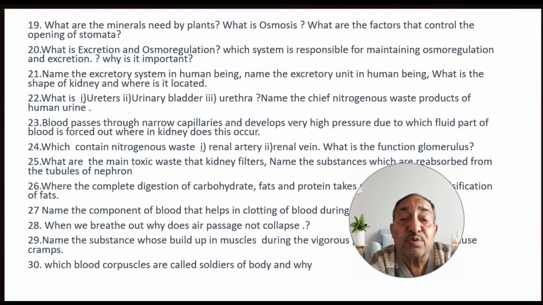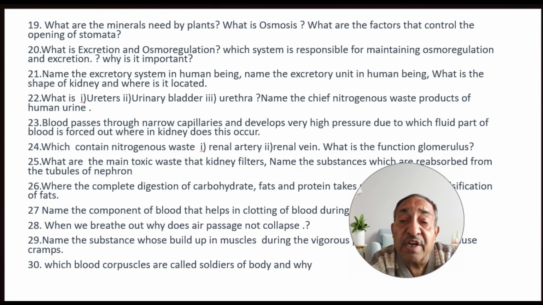Blood passes through the narrow capillaries and develops very high pressure, due to which the fluid part of the blood is forced out. Where in the kidney does it occur? Next, which contains nitrogenous waste?